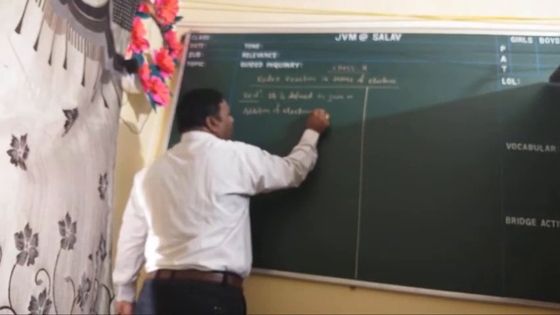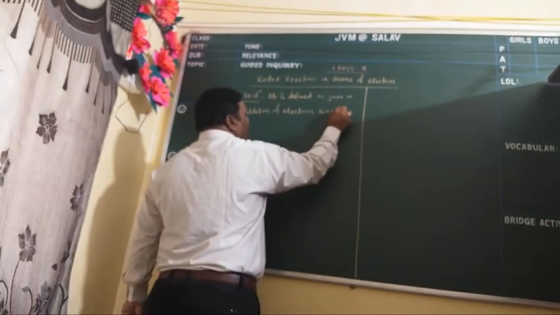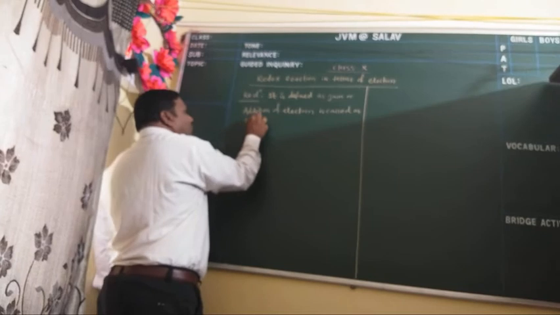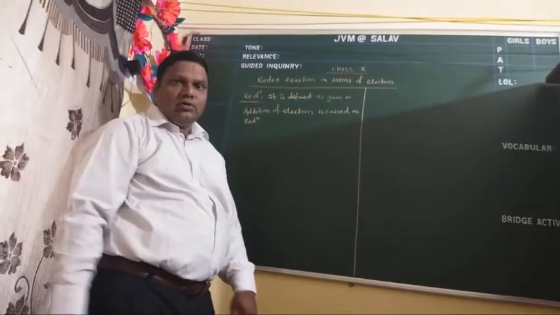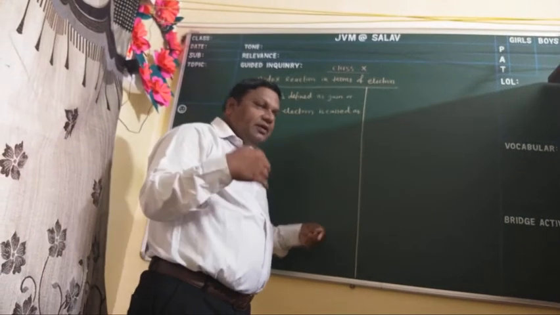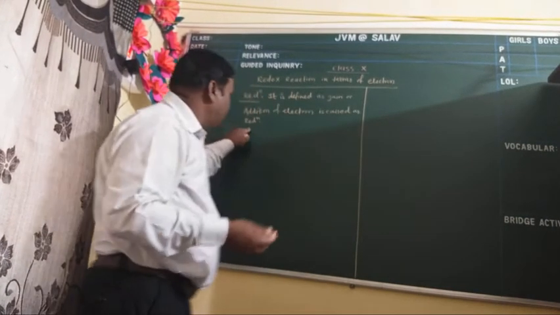Gain or addition of electron is called reduction. If the electron is added or gained, it's called reduction.